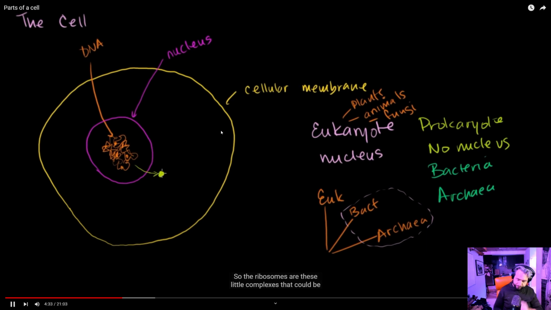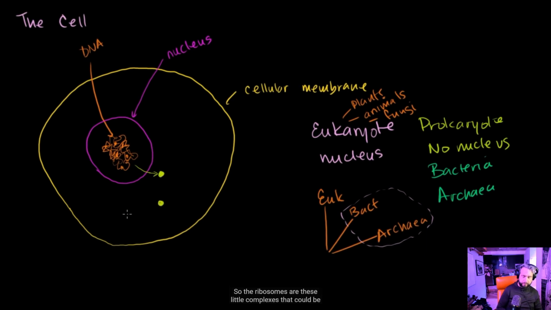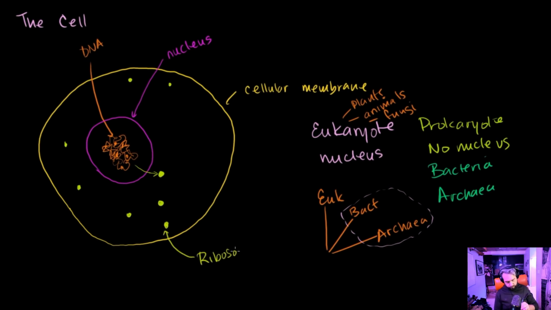So the ribosomes are these little complexes that could be floating all over the cell, and we'll see in a second that they can also be attached to these other membrane structures. So this is a ribosome. And if all this talk of DNA transcription into mRNA and mRNA leaving the nucleus and traveling to the ribosome to be translated into proteins makes no sense to you, there are several videos where I go into that in detail.